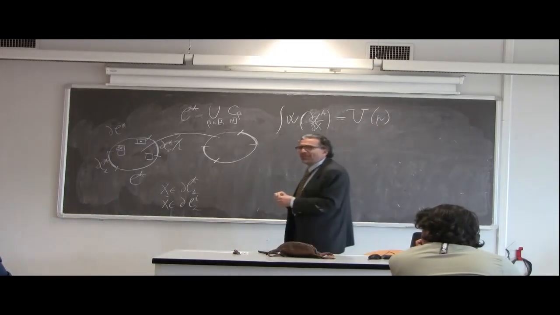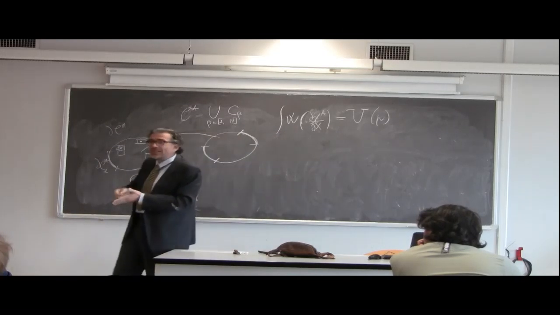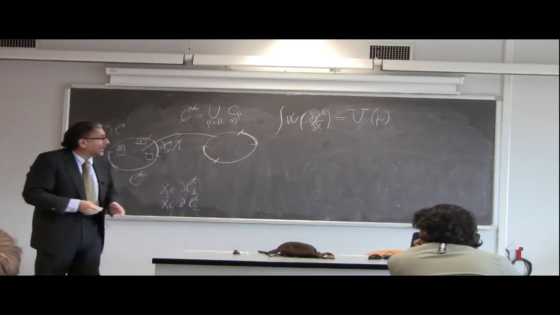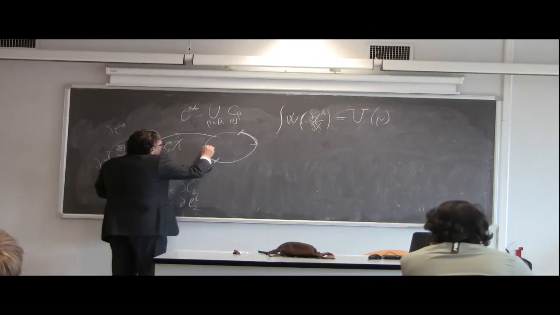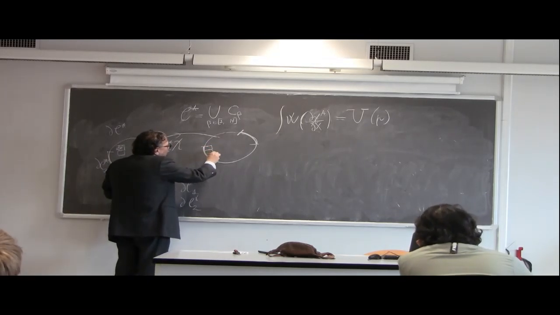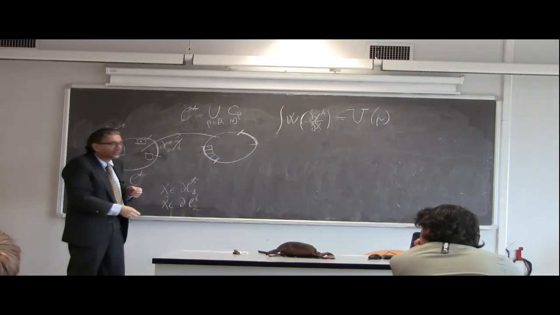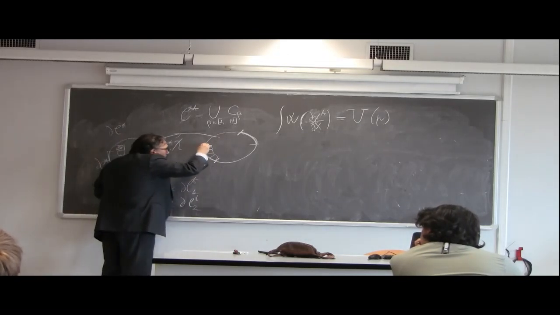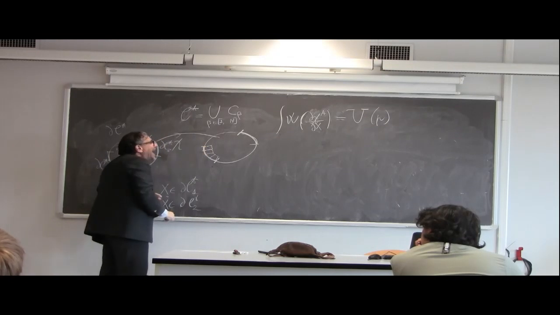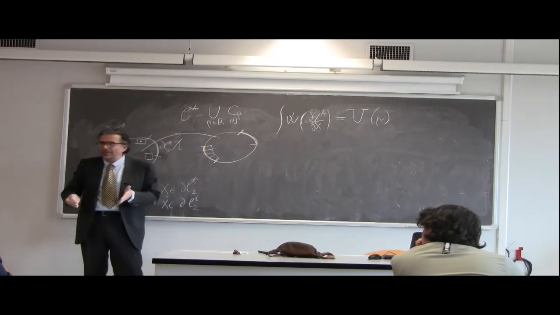I want to maximize U of p under the constraint that all these points here have on this boundary a given placement.